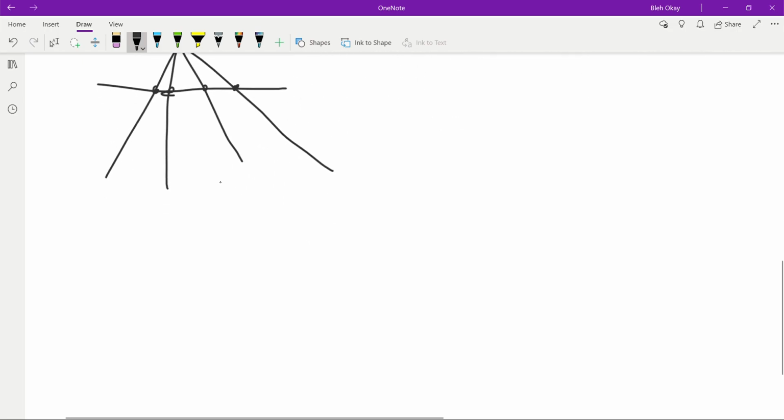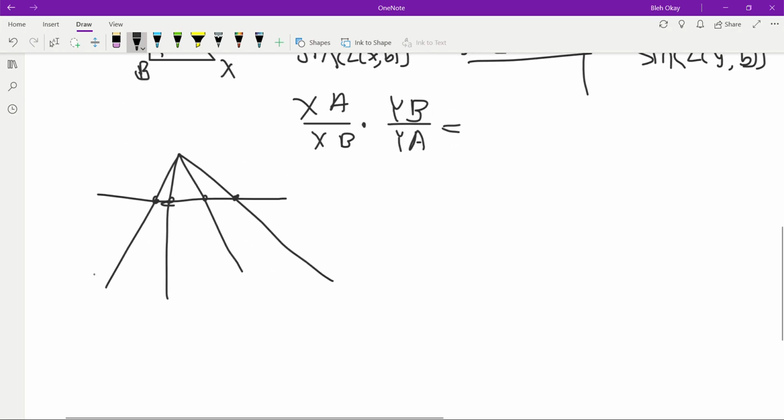But it doesn't matter what transverse line we draw. So I could draw this one, and these two sets of 4 points will have the same cross ratios. So this is one of the crux points of projective geometry.